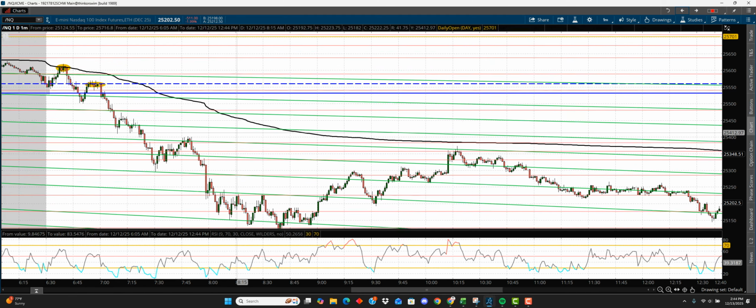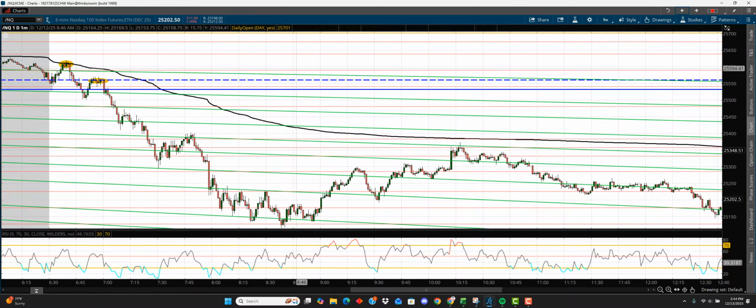But this just Friday alone, you could have had several good trades, scalping most of them if you want to take 10 to 12 ticks on NQ. You could have gotten much more, but like I said, I don't have the guts to stay in the trade that long, so I'm more of a scalper.